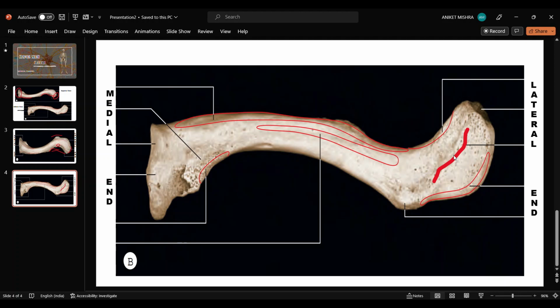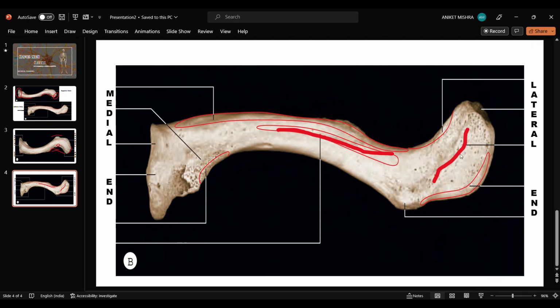A small subclavius groove is here, and the subclavius muscle is attached inside here on the inferior surface. The deltoid anteriorly and the trapezius posteriorly are attached to the lateral fifth of the shaft.